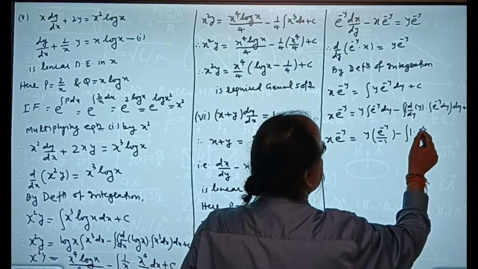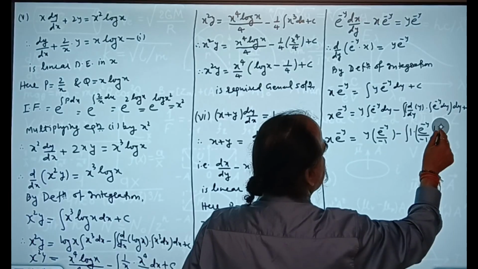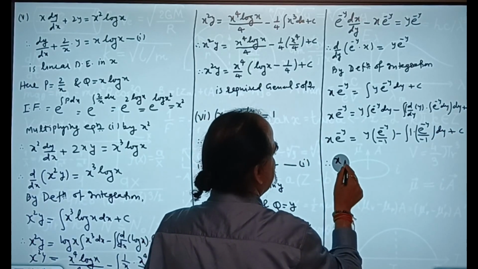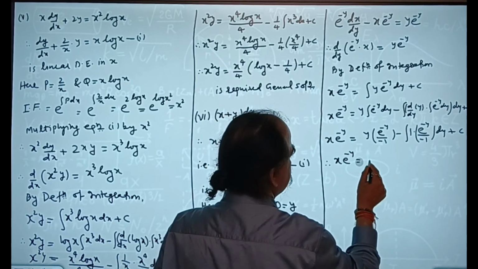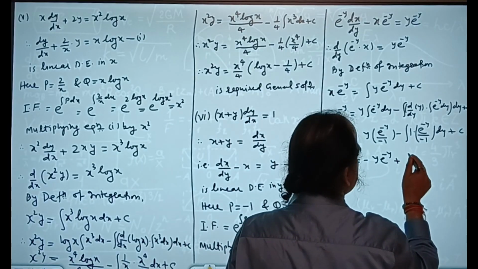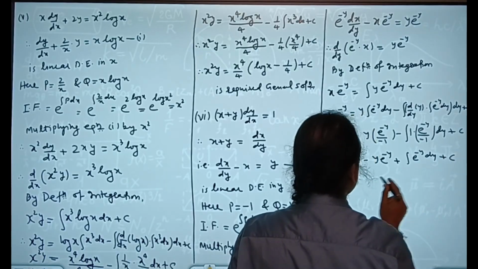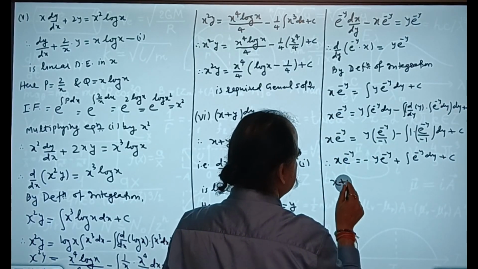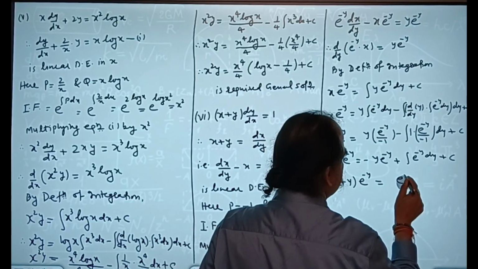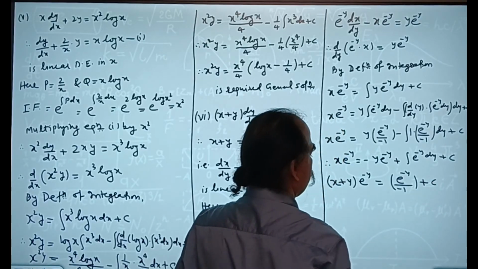Derivative of y is 1, e raised to minus y upon minus 1, plus c. x e raised to minus y is equal to minus y e raised to minus y plus the integral of e raised to minus y dy. x plus y times e raised to minus y is equal to e raised to minus y upon minus 1 plus c.